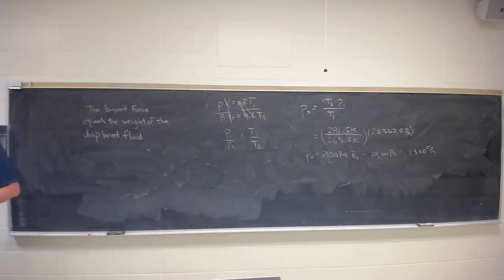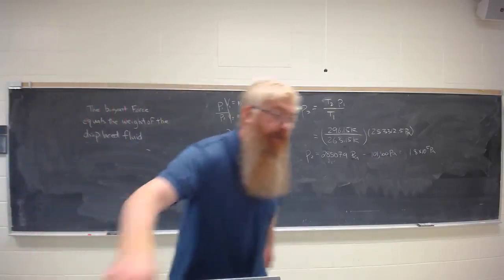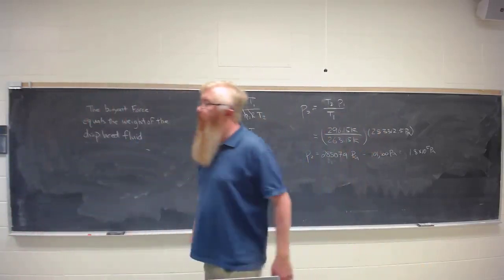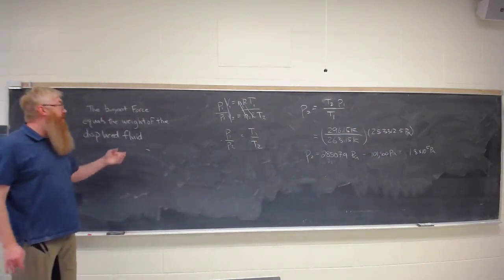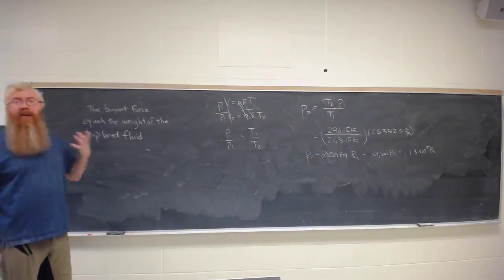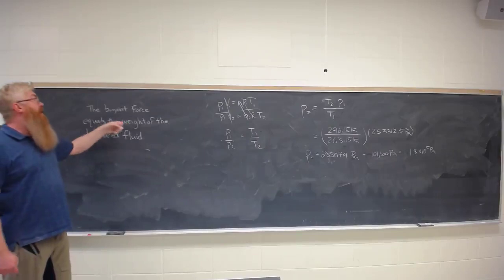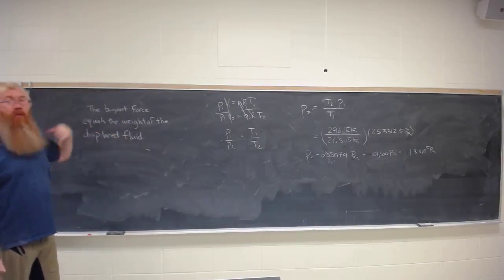So if you know the volume of fluid that's displaced, and you know the density of the fluid, you can calculate the mass of the fluid. If you know the mass of the fluid, multiply it by 9.8 to get the weight of the fluid. That will tell you what the buoyant force is.